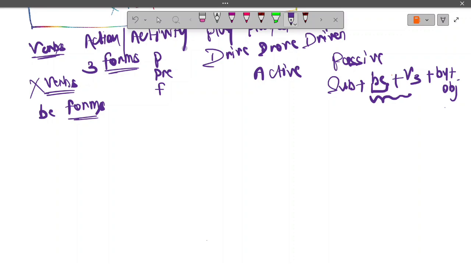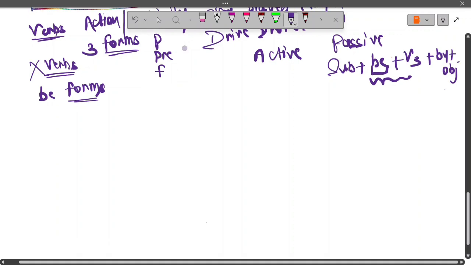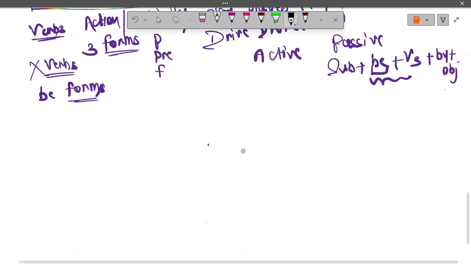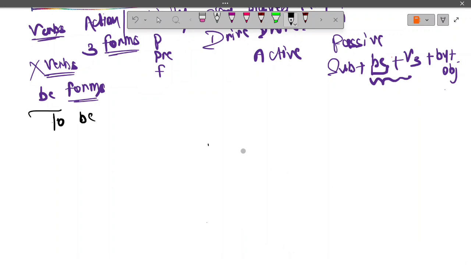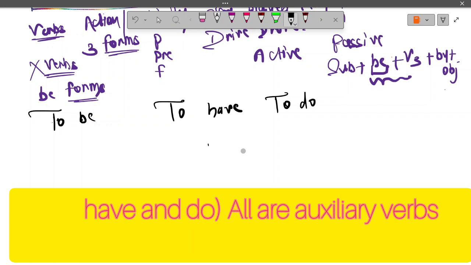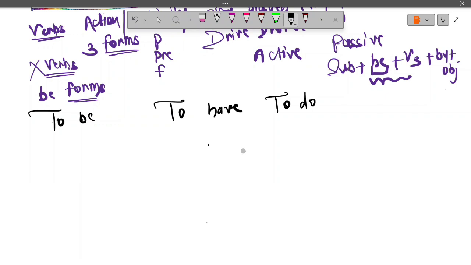So what are the be forms of the verbs? Let me tell you. There are actually to be forms, to have forms, and to do forms in the language. Pay attention to what I'm writing over here.